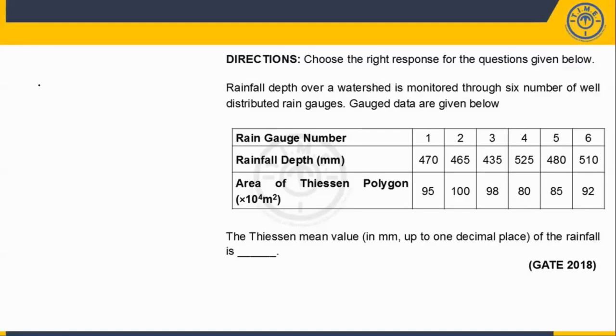Isn't the mean value nothing but average precipitation? 470 into 95 plus 465 into 100 plus 435 into 98 plus 525 into 80 plus 480 into 85 plus 510 into 92, over 95 plus 100 plus 98 plus 80 plus 85 plus 92.